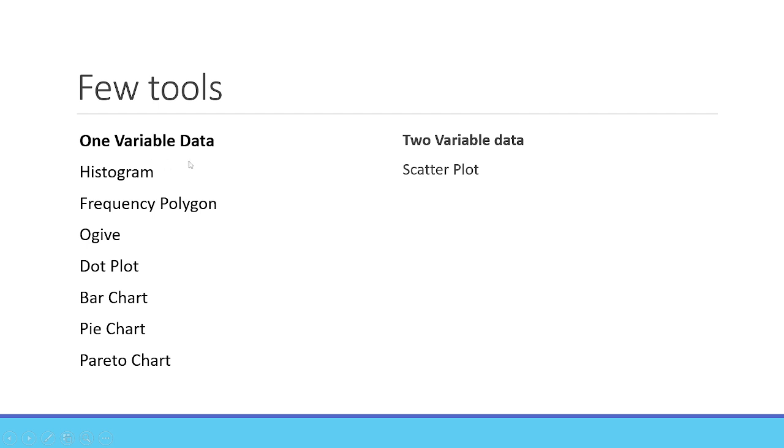If there is one variable, as in our case, we can use histogram, frequency polygon, ogive, dot plot, bar chart, pie chart, Pareto chart. Then if there are two variables, we can use a scatter plot. We will see all these charts later on. So I just gave you an idea what kind of charts we are talking about.